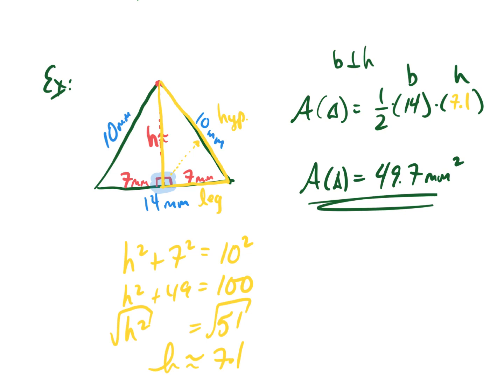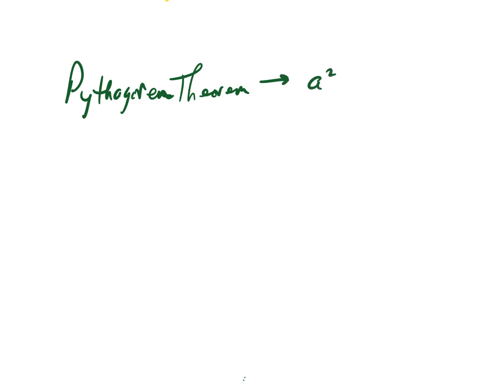And the last thing we need to talk about for this section is the following, that whenever we find a group of numbers that fit the Pythagorean theorem perfectly, and remember, the abbreviated version of the Pythagorean theorem is a squared plus b squared is equal to c squared, remember that.